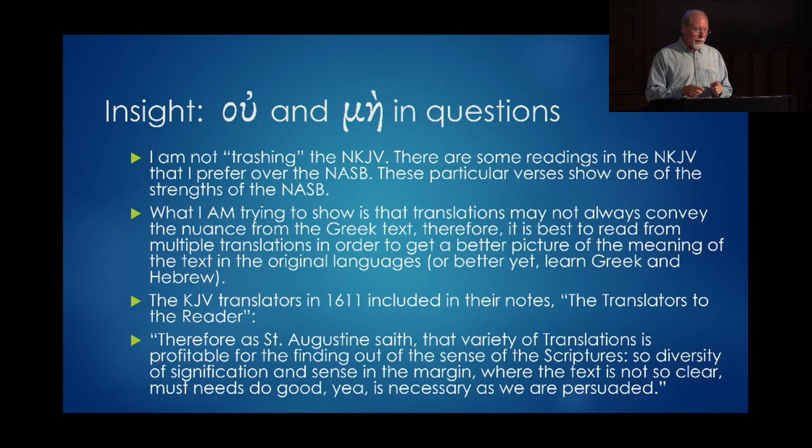What they don't realize or understand is that the original King James Version in 1611 had these same types of marginal notes with alternate translations. They don't show up in the modern versions because we're not using the 1611 version. We're using, I should have checked beforehand, it's 1700, sometime in the 1700s. I think it's the Oxford version. But all those notes have been removed. But in the notes to the readers, from the translators to the readers, they said it's helpful. And the reason for that is you can have words.